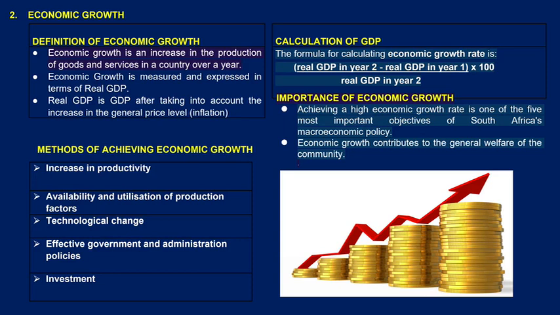So the methods of achieving economic growth is increase in productivity, so making your factors of production work more efficiently, availability and utilization of production factors, making more efficient use of your factors of production, technological change, finding new ways of producing with the same inputs, effective government and admin policies.